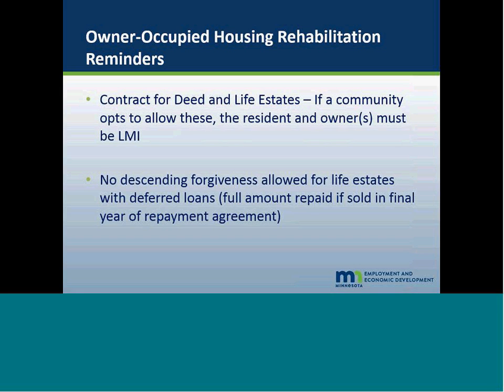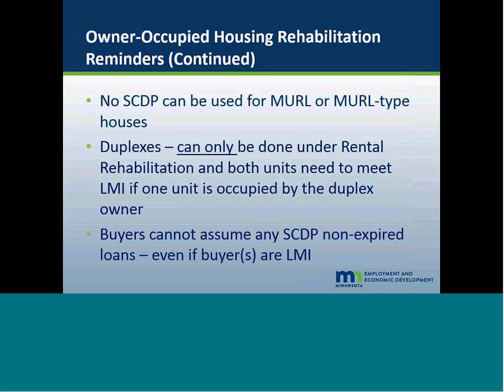A few more here. Fact for deed and life estates are optional for occupied, and no sending forgiveness allowed estates. You'll have to be a real veteran to remember this, but for a year or two, some money was being allowed to be used for MRL or MRL-type housing, and that's been the case for a long time now, but we're just reminding people about that.